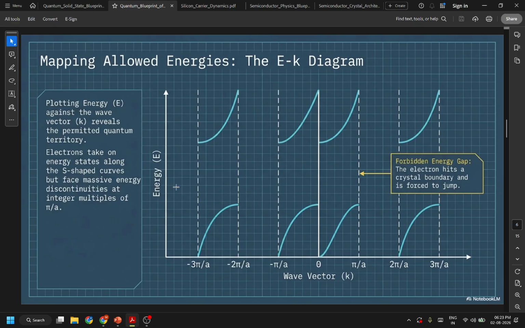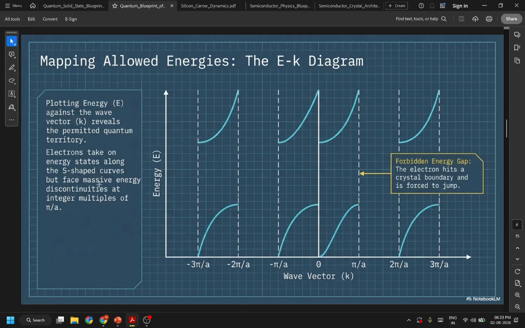So now what we do is we create a new type of diagram called the E-k diagram, where we plot energy against the wave vector k to reveal the permitted quantum regions, so that the electrons take on energy states along the S-shaped curves.